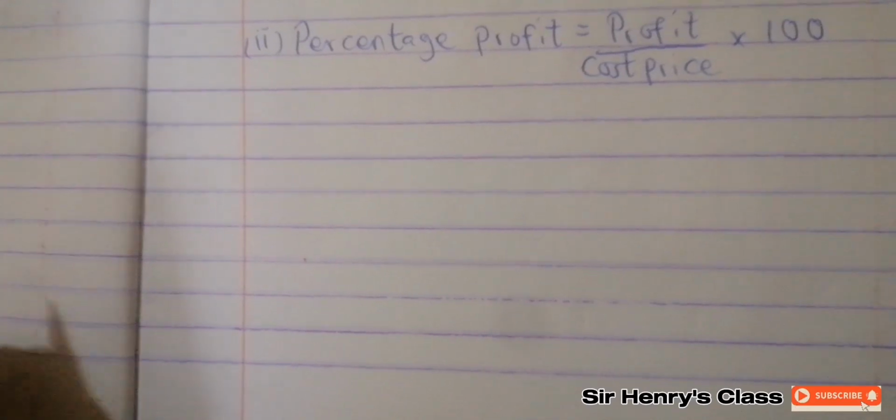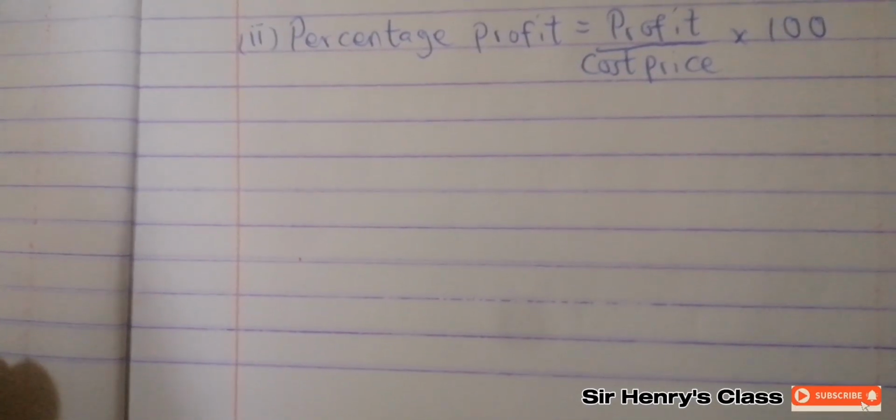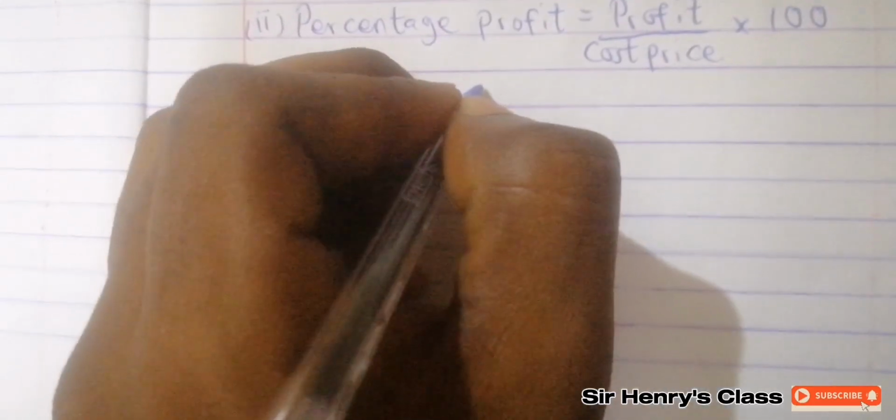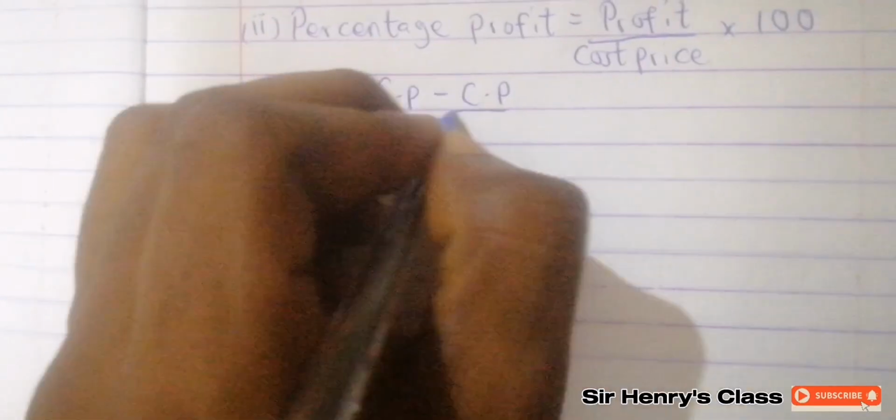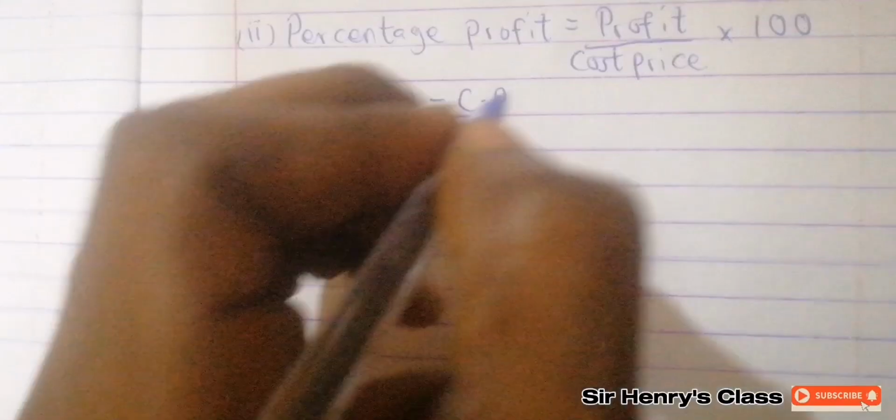So how do we find the profit? Profit is given by the selling price minus the cost price. SP for selling price, CP for cost price, all over CP for cost price times 100.